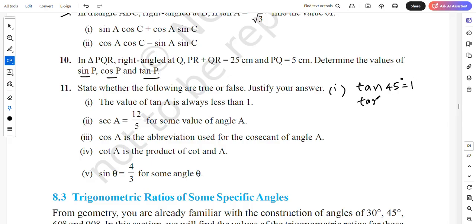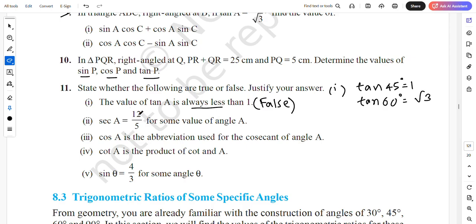What is tan of 60 degree? Root 3, and root 3 is greater than 1. Always less than 1? Always means false. Number 1 is false.